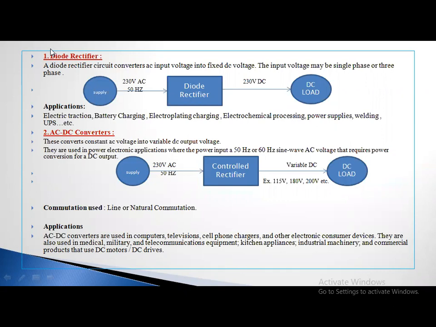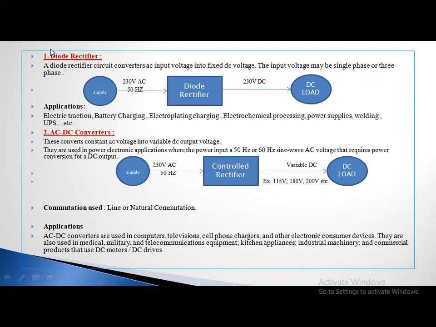This diode can be used in the power electronic converter for converting the AC to DC. But we cannot use the diode for controlling. जितना इनपुट दिया उतना आउटपुट देगा वो आपको, बस ओनली एनर्जी कन्वर्ट करेगा. Clear? That's why the diode rectifier will convert from fixed AC input voltage into the fixed DC output voltage. Input is fixed AC, output is fixed DC.